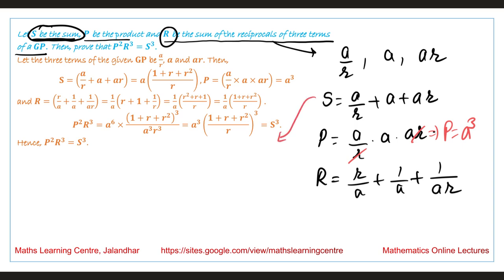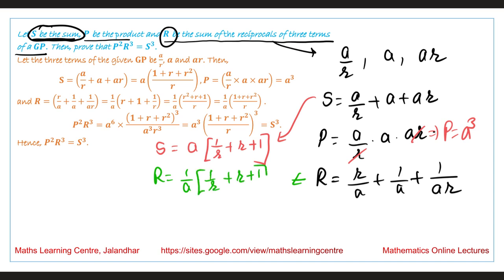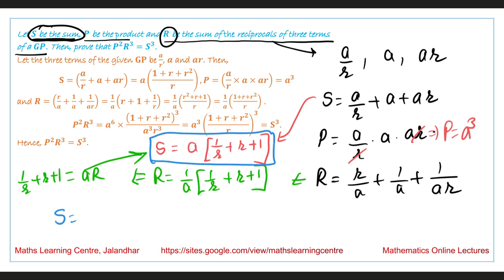Now from the first term we have S is equal to A into 1 by R plus 1 plus R. From this last equation we have the value of R is equal to 1 by A into 1 by R plus 1 plus R. So if we substitute the value of this term, this implies that 1 by R plus 1 plus R is equal to AR, and if we substitute this value in this equation, we obtain the value of S, that is equal to A square R. Now the value of P we have is A cube.